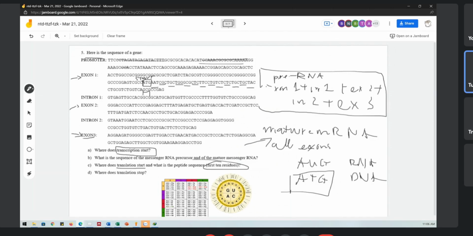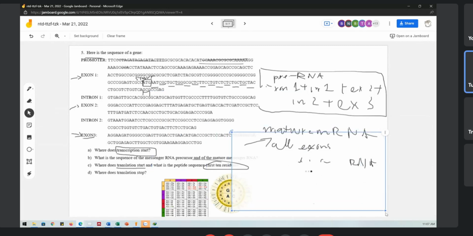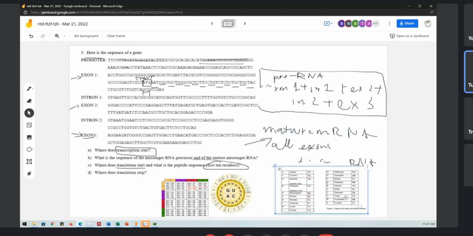Okay, and we also have the second table Dr. Ngọc gave you. It's the one for the name, the abbreviation of the amino acid. We have the name.